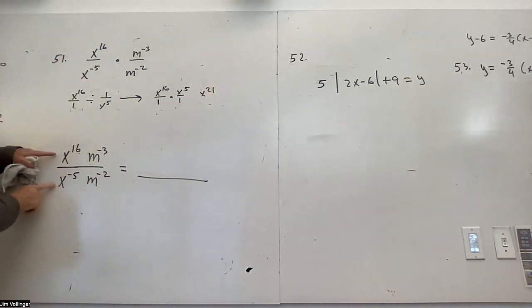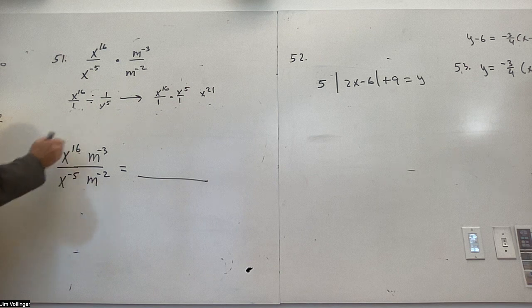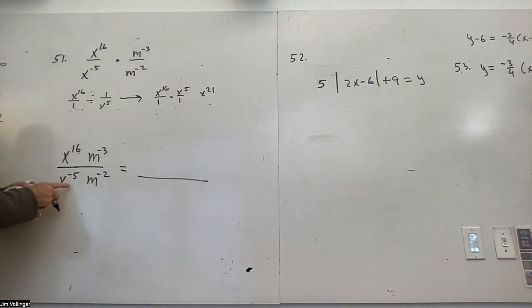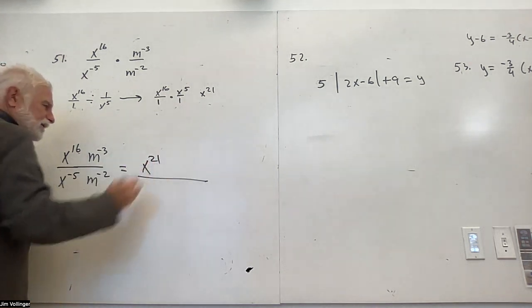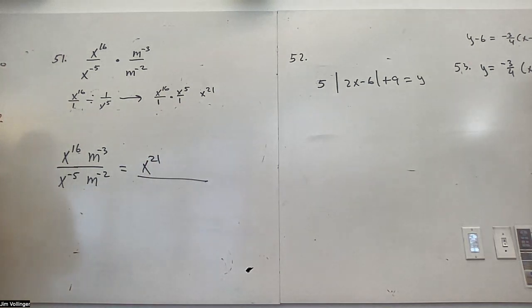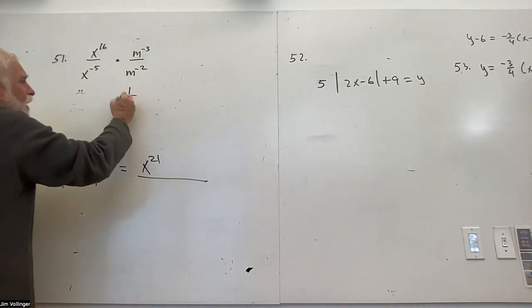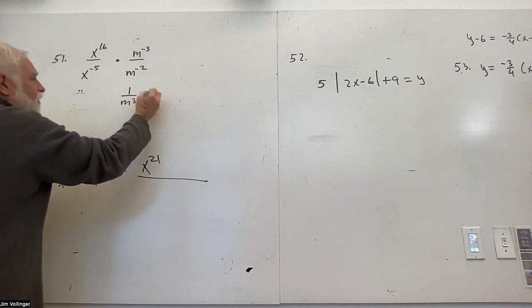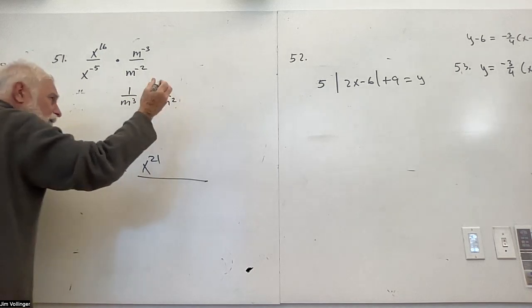Right? I hope we can see that now that you have negatives, they can move into the other position. If you got a negative in the denominator, you can move to a positive in the numerator. Now, what do we have for the m's? m to the minus 3 is 1 over m cubed. And I'm dividing by m to the minus 2, which is 1 over m squared.